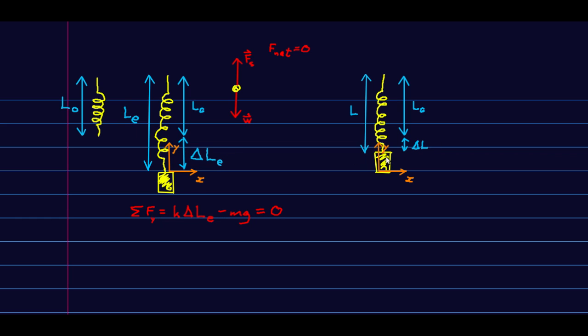Now let's think about the mass at any other position. So here I've displaced it up a little bit. See, there are the axes still. Delta L is smaller, and so the spring force would be weaker. The free body diagram would be exactly the same, except now because the spring force is smaller, F net points down.